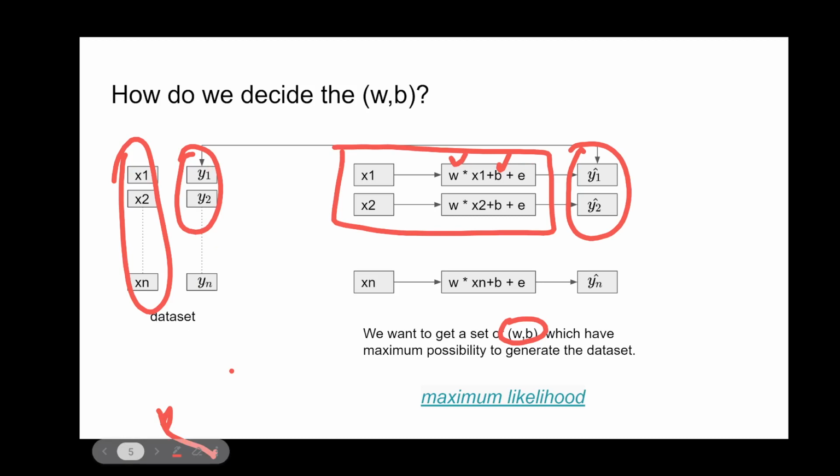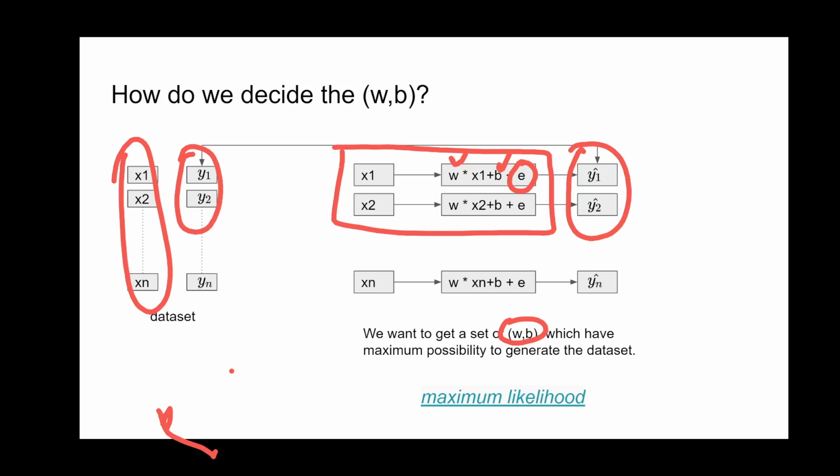So it means that y1, y2, and so on will be a little bit different from the value predicted by the model. And the epsilon here is the error term. And it should follow some distribution. Typically, we will assume that it will be the normal distribution. We will discuss it later.